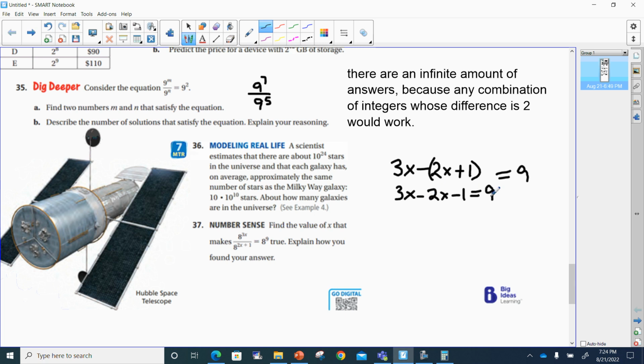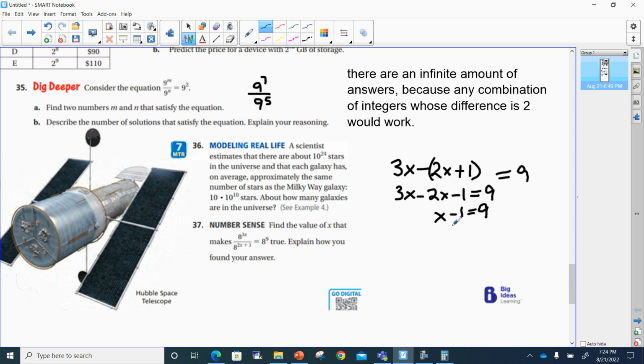Now I've got to combine my like terms. My like terms here are x's, so this would be 3x minus 2x, which would leave me x, 1x, right? Then I'd have x minus 1 equals 9. Now I have to bring the negative 1 to this side.